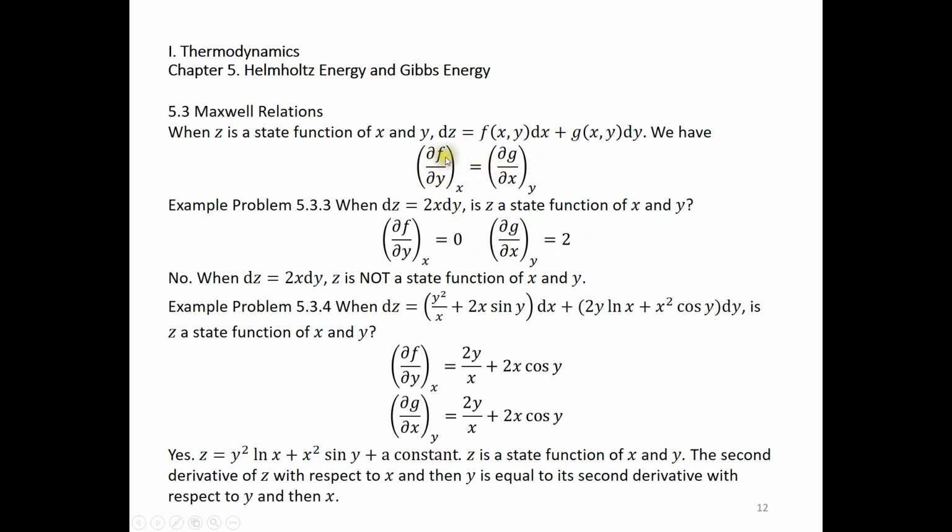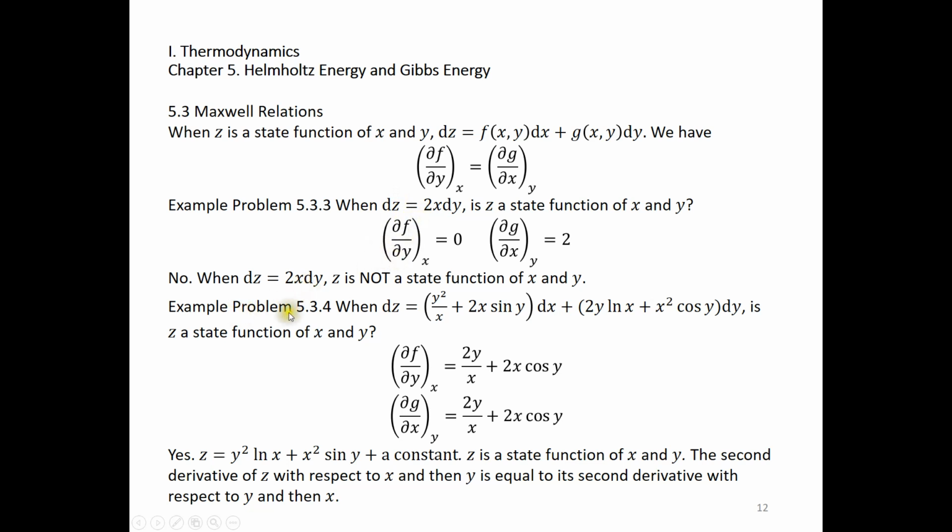This equation does not hold. Therefore, in this case, z is not a state function of x and y. It looks simple, but there's no way to even get a function form for z. You cannot express z as a function of x and y.